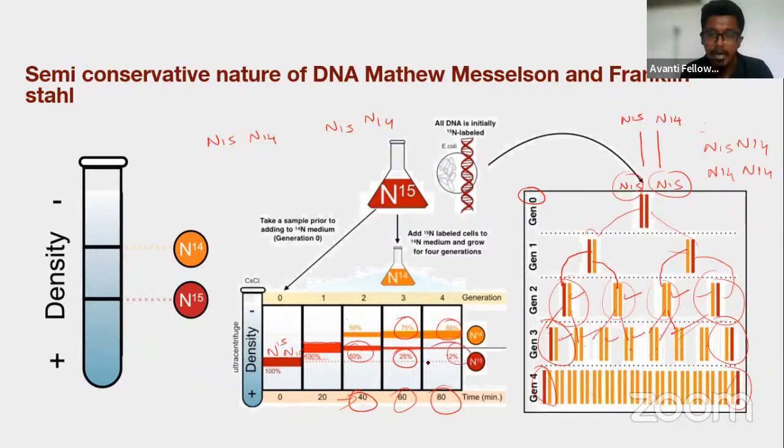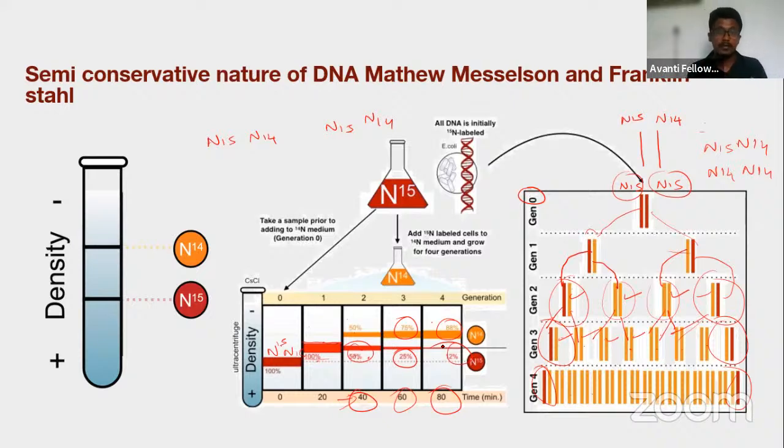As time passed, first it was 100%, then a new band appeared, and it is exactly becoming half and half. The percentage of the intermediate band decreases from 100 to 50, 50 to 25, 25 to 12.5, and the light band increases from 50 to 75, 75 to 88. Mathematically, only if the DNA replicates through the semi-conservative model can you get these numbers.